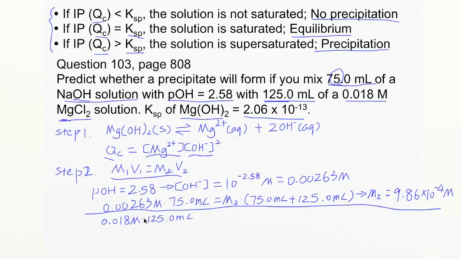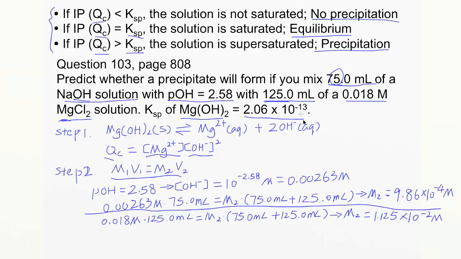Again, M2 is what we want, and V2 again is 75.0 ml plus 125.0 ml. Now if you do the calculation, the magnesium concentration after you mix the two solutions equals 1.125 times 10 to the negative 2 mole per liter.